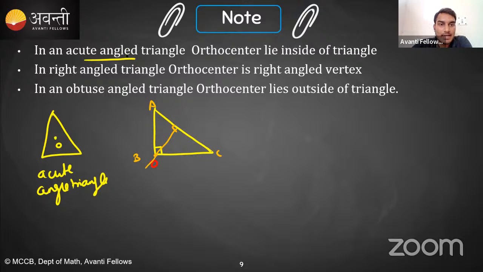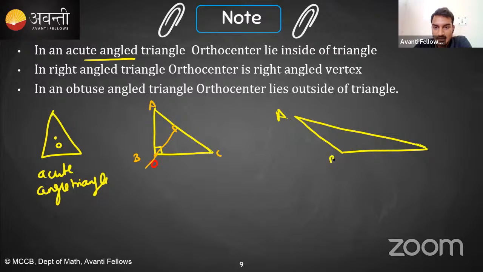And in an obtuse angle triangle, let's say this triangle is A, B, C, my orthocenter will lie outside. You can also see this using intuition.